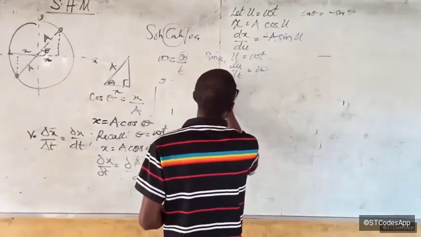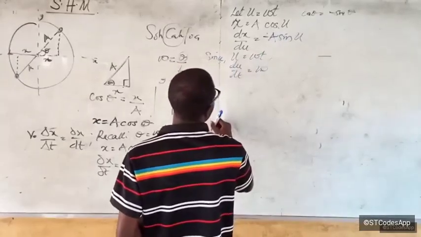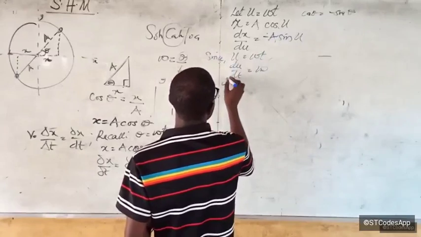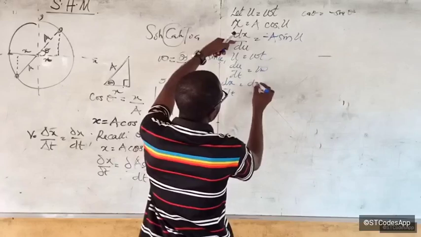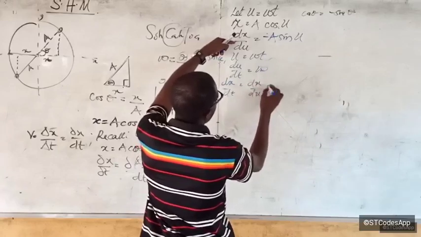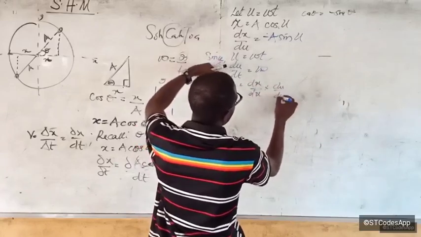So what do we have here? We have dx/dt will now be equal to dx/du times du/dt.